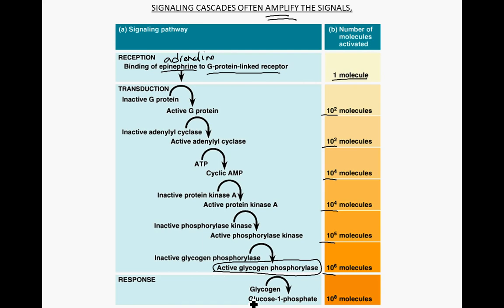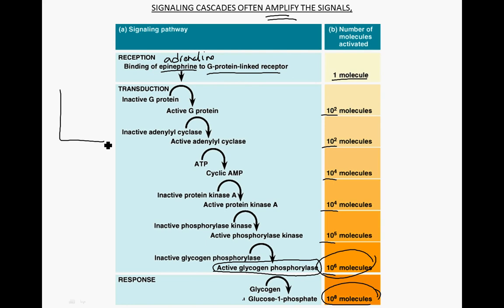So from one molecule of epinephrine, we have 10 to the 6th molecules of this activated enzyme. So you can see here that very rapidly, the cell that is going to be signaled by epinephrine will very quickly make glucose available to the cell. In fact, it makes 10 to the 8th molecules available to the cell. So it does not take a lot of this signal to get much of a response.